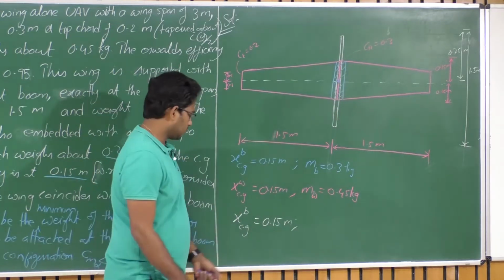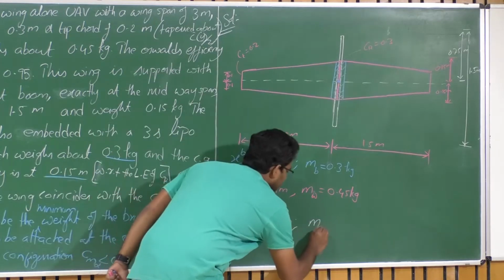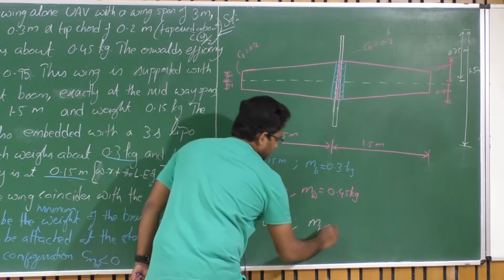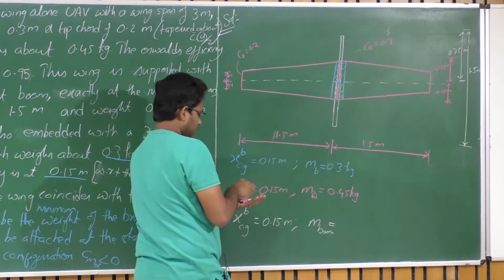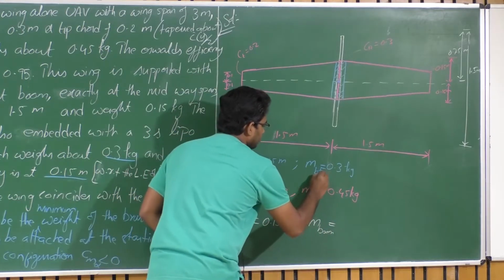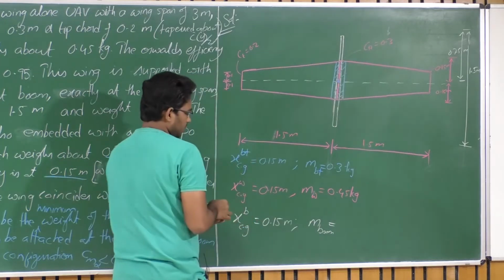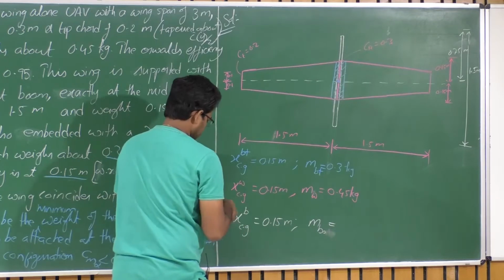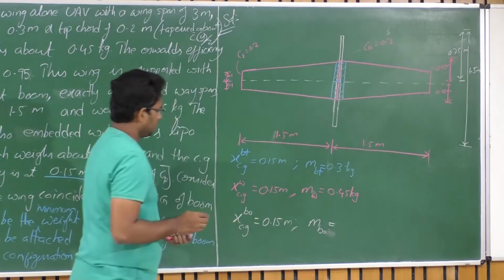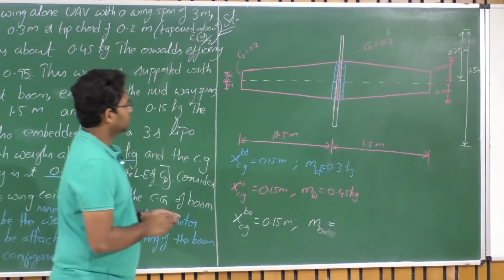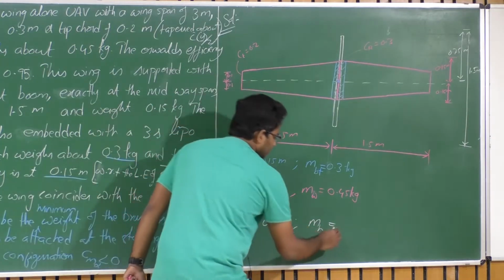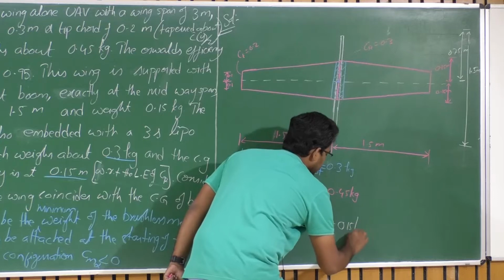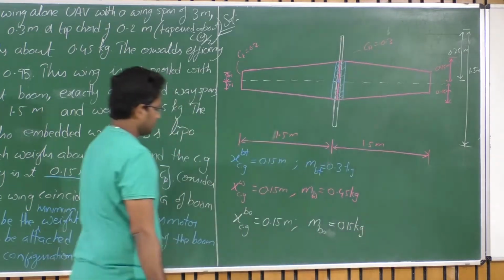And the mass of the boom is, so let me add BT for battery and BO for boom. So BO for boom here, BT for battery. The boom mass is about 150 grams, right, 0.15 kg.